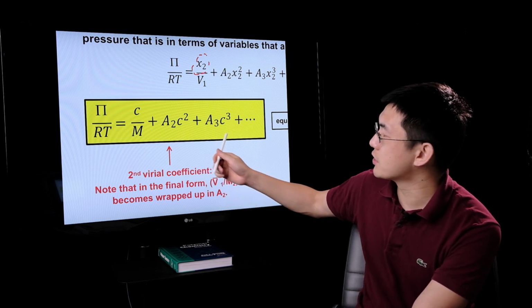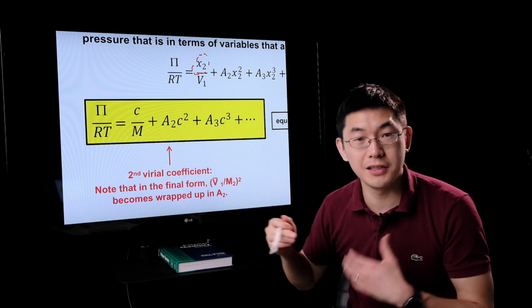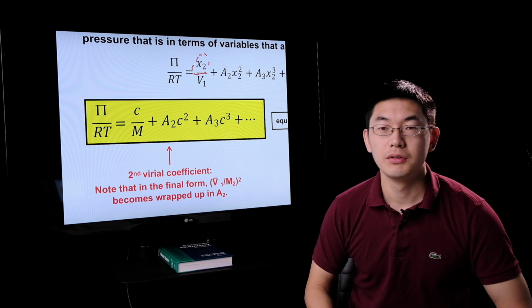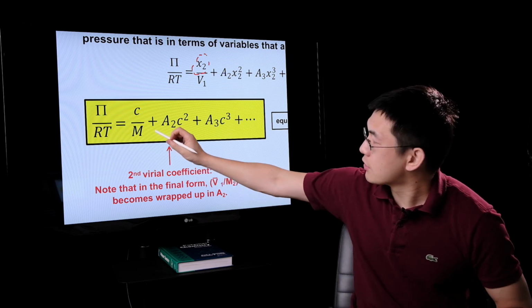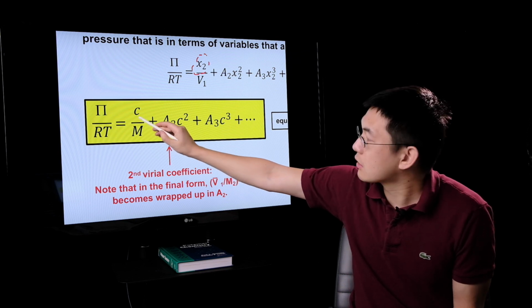So this equation in the yellow box tells you osmotic pressure divided by RT, where R again is a gas constant and T is temperature, will be equal to C, the concentration of your polymer in solution.